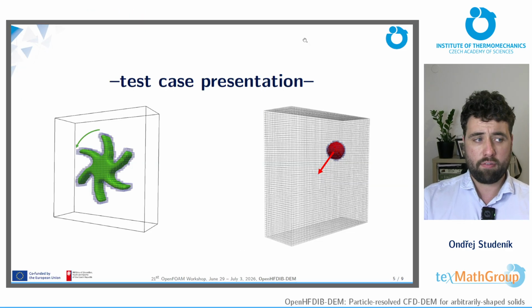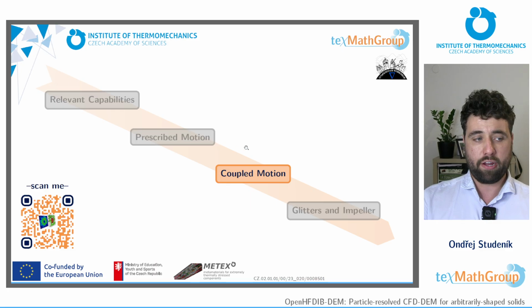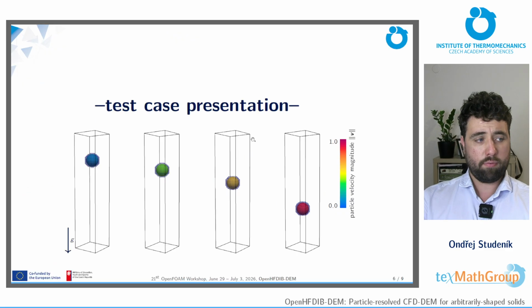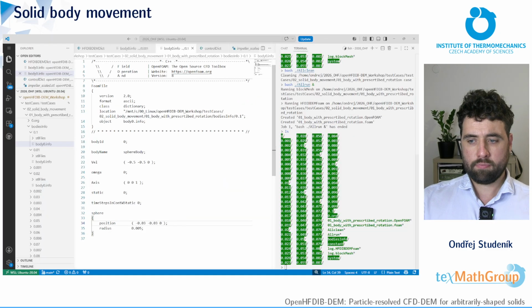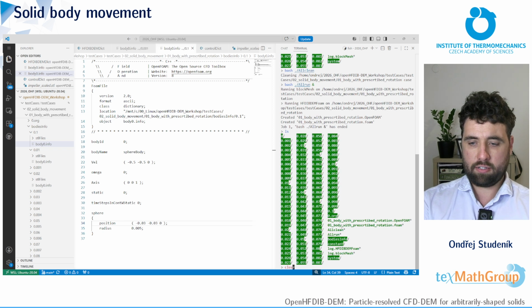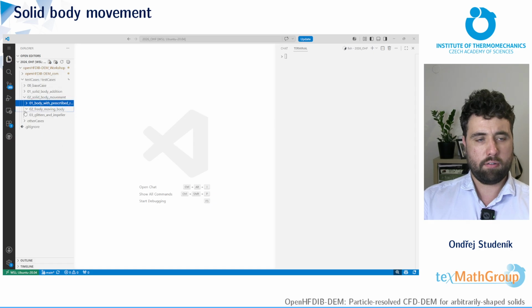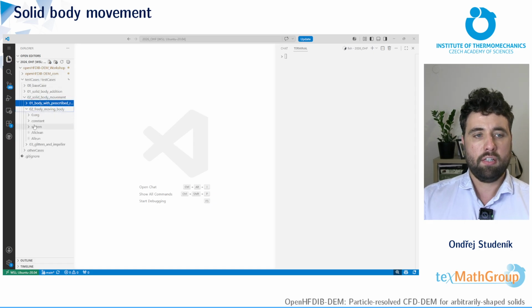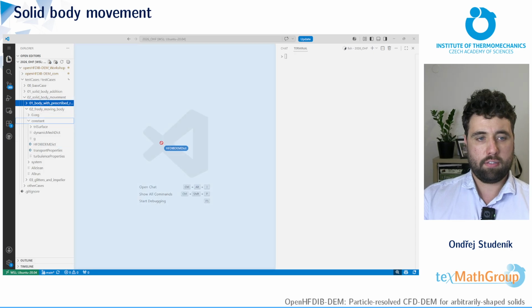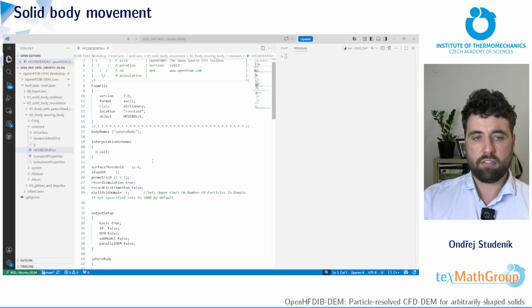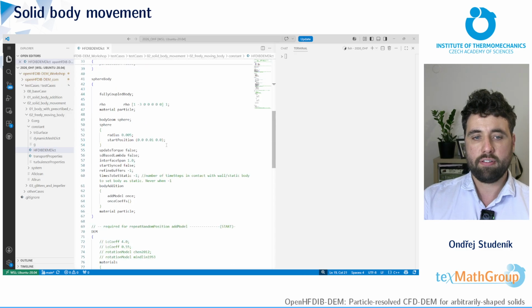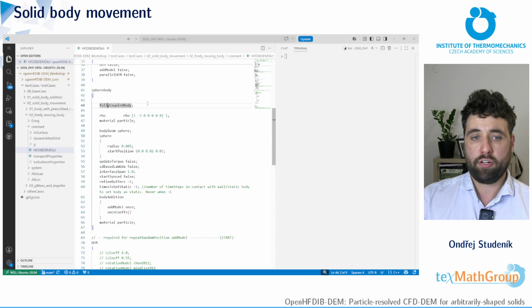These were the cases where the motion is prescribed. Now let's get to the coupled motion, which we will test on a falling particle. Let's clear our terminal, close all the files, and proceed to the second folder. Again, we can open HFDIB-DEM dict, where we have our sphere body defined, but the body is now defined as fully coupled.